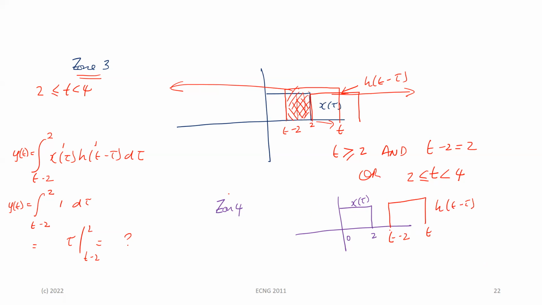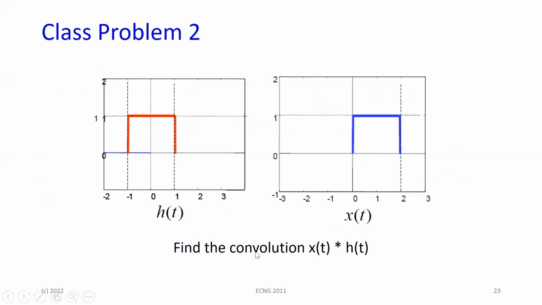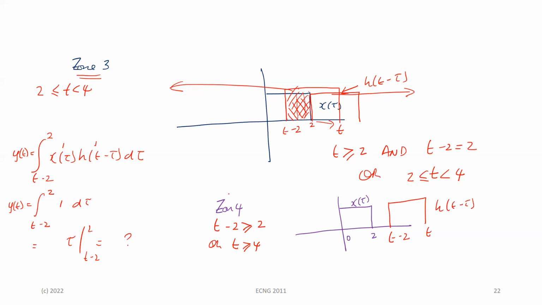No overlap once t minus 2 is greater than or equal to 2, or in other words, t greater than or equal to 4. All right, and that one, the convolution is 0 because there's no overlap. So the answer, therefore, has 4 parts.